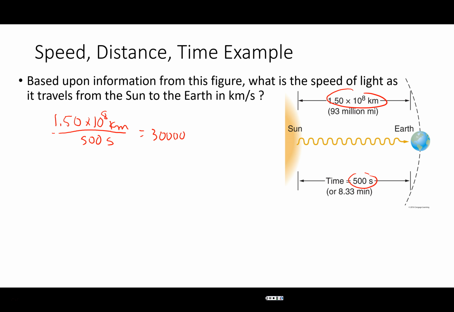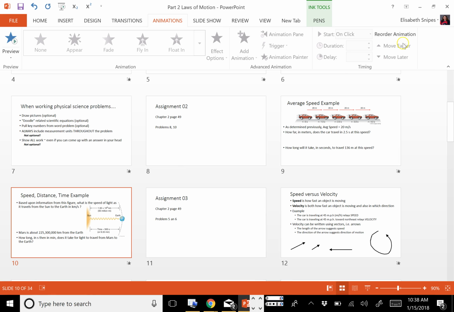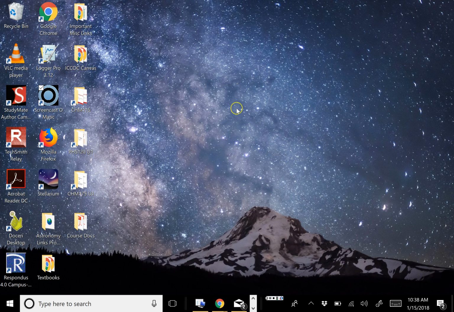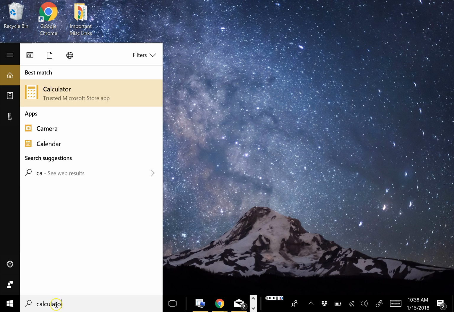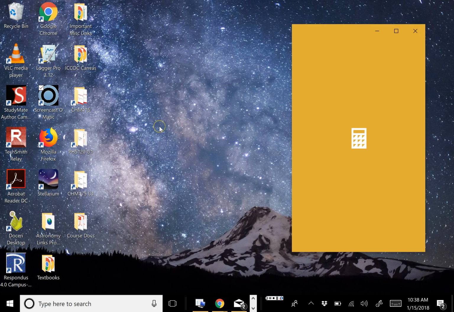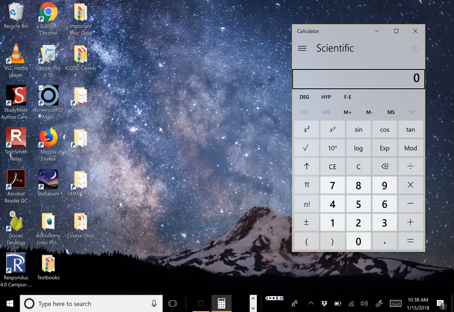Well, let's see if I can. I have a calculator here. There's an app for that. Is this a scientific calculator? Yeah, and on this one it's EXP.